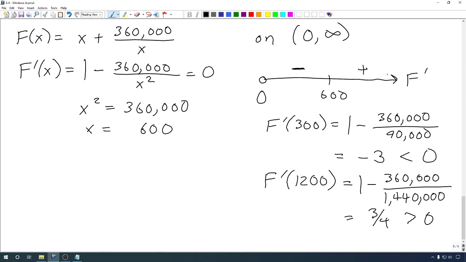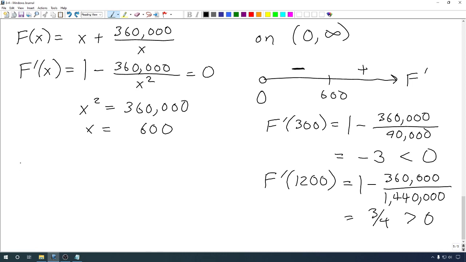It never can get back further down than it was at 600. Essentially, you can kind of think of it as you move away from 600, it increases more and more. So it definitely is increasing after 600, but if you're going backwards, our decreasing here turns into increasing away from 600. And therefore 600 is where our minimum is going to be.